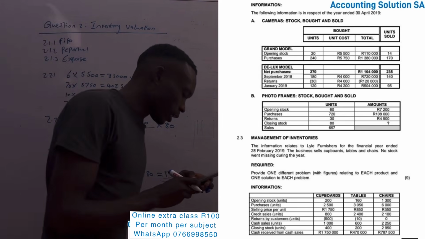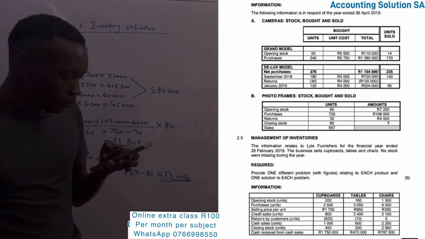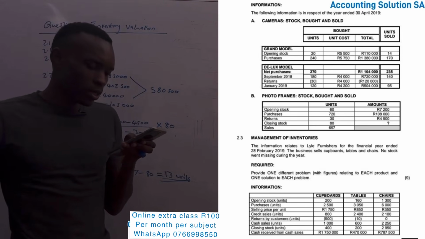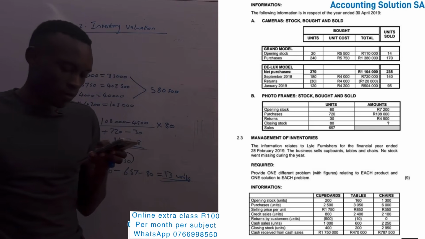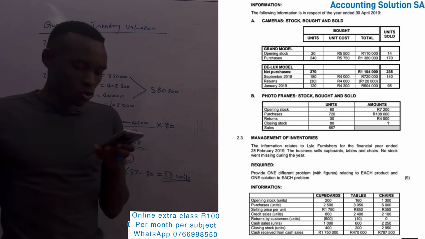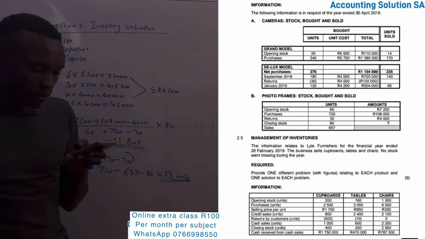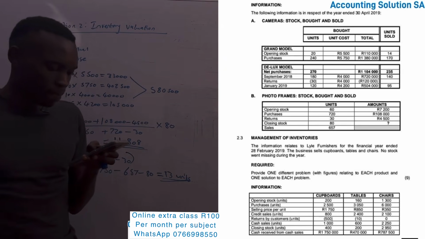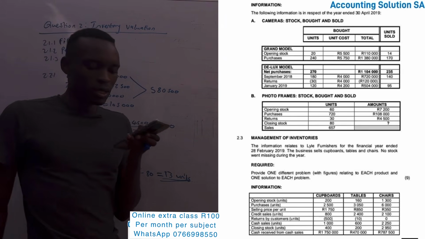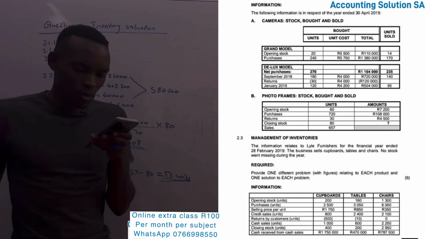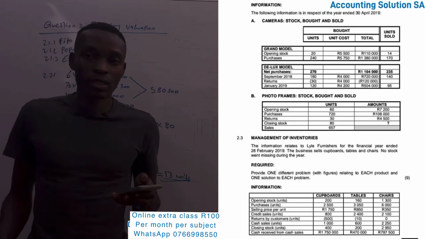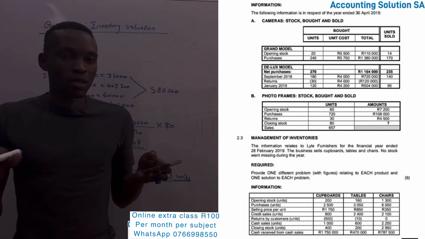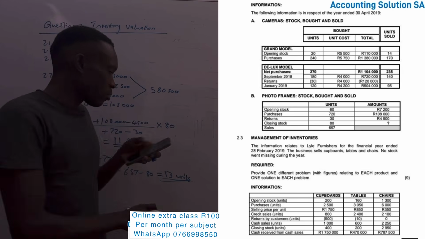Okay, then the last one. Tom is thinking of employing an assistant at the wage of 3,500 per month to control the stock of photo frames. Explain why this is not a good idea. So the owner is thinking, we have to employ someone who is going to assist to control the inventory because of this missing.